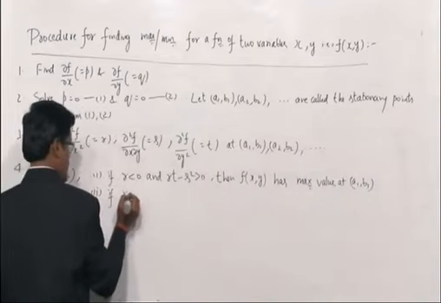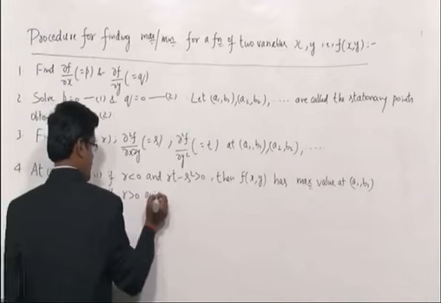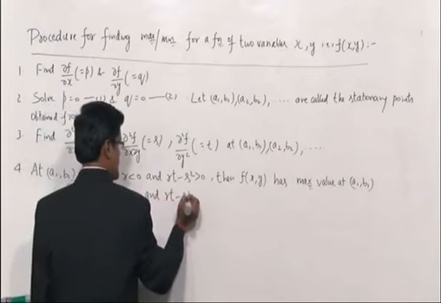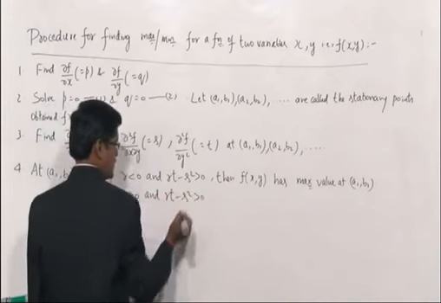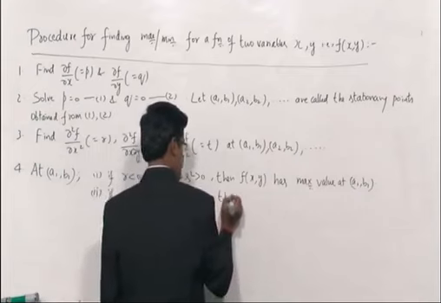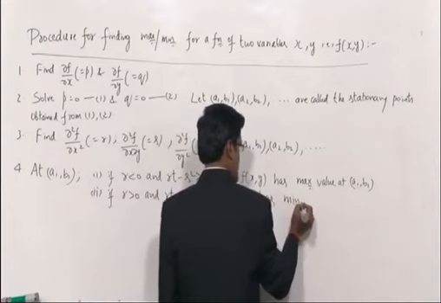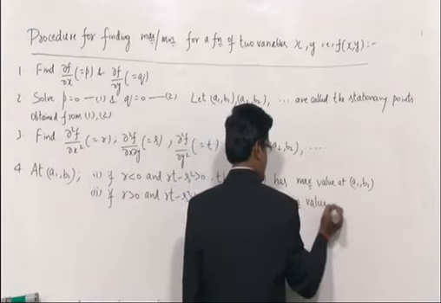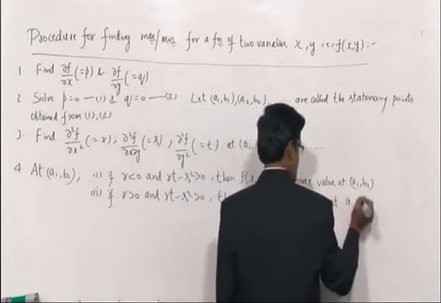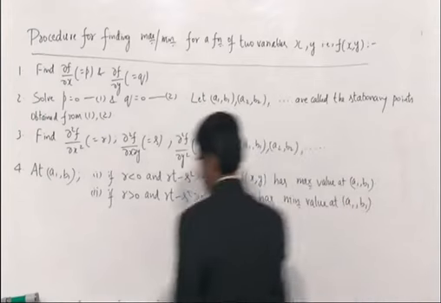If r greater than 0 and rt minus s square greater than 0, then f has minimum value at a1 b1.